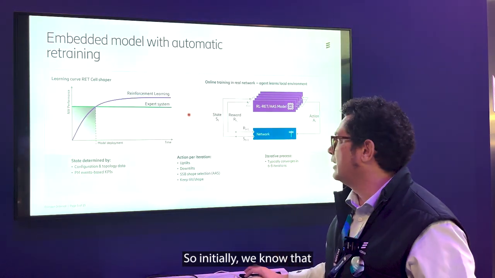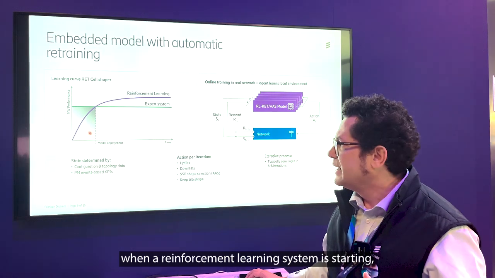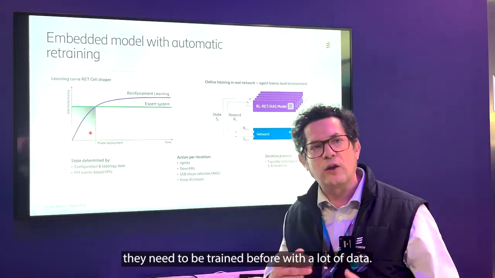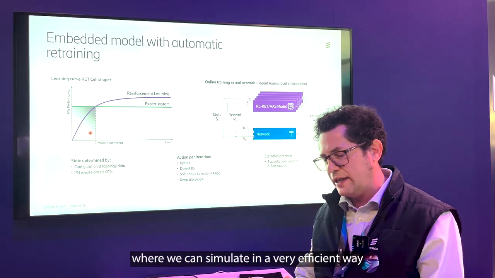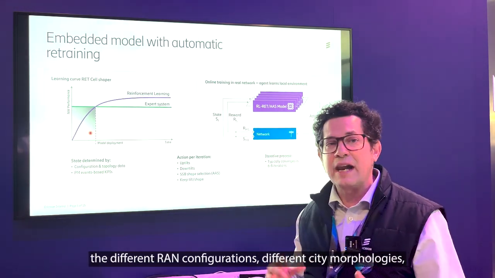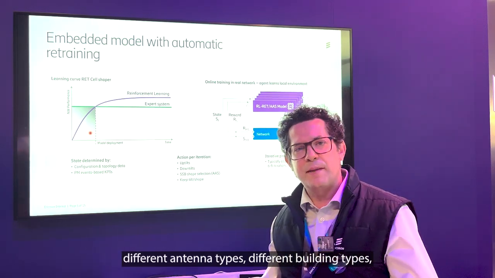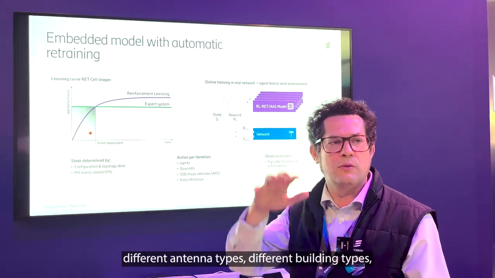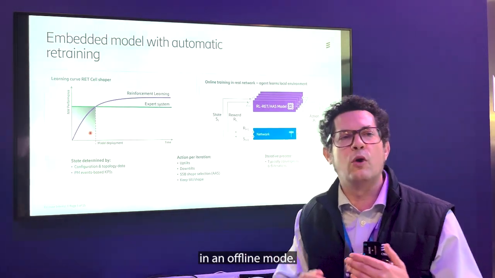Initially, we know that when reinforcement learning systems are starting, they need to be trained beforehand with a lot of data. To do that, we have a simulator where we can simulate in a very efficient way different RAN configurations, different city morphologies, different antenna types, different building types, so that we run a lot of iterations in an offline mode.